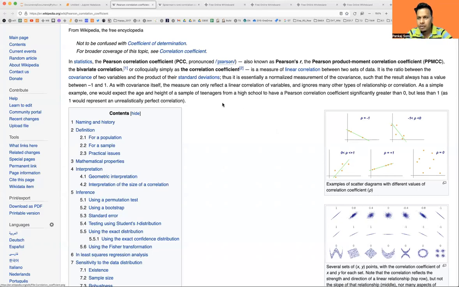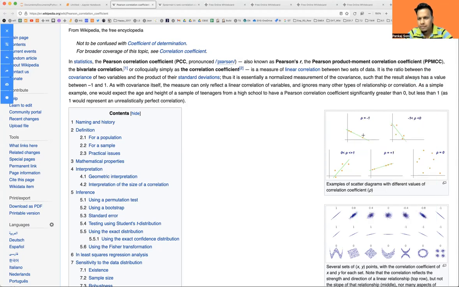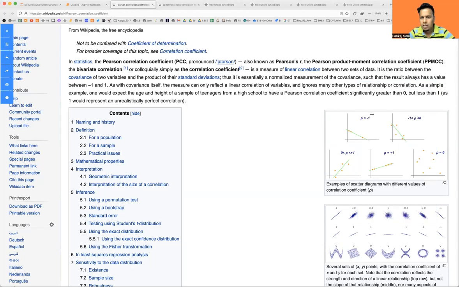So that's what it is going to say here. Whenever it is perfectly aligned, let me just use one color here. Your values are perfectly overlapping on these lines, right?